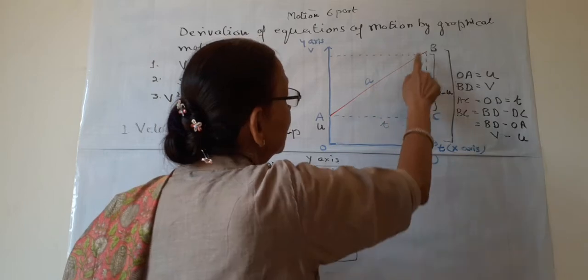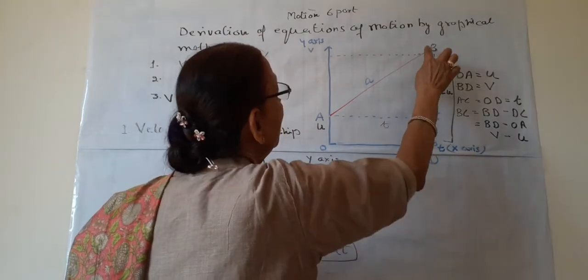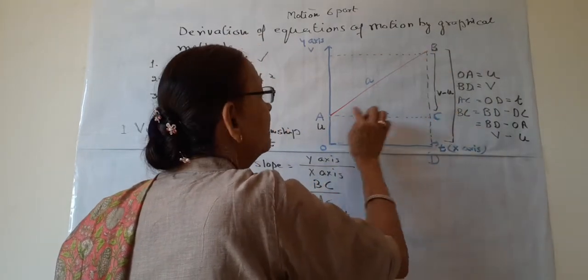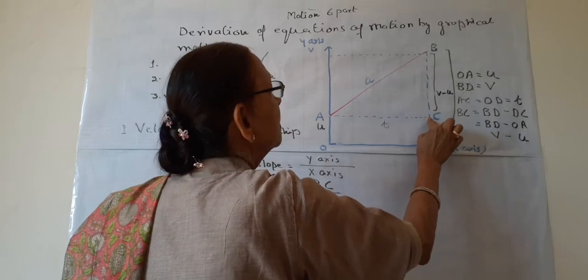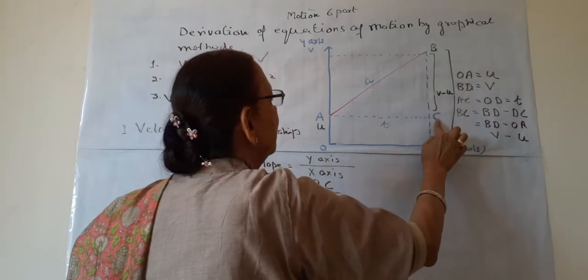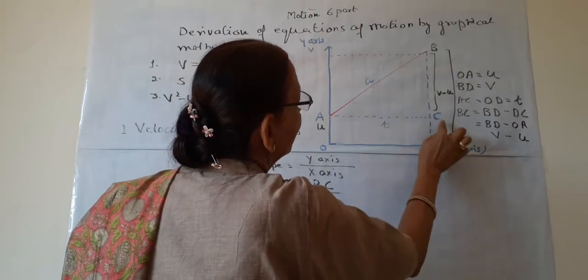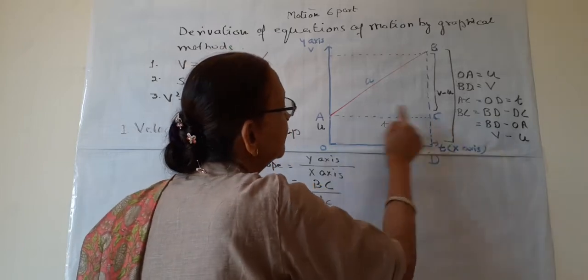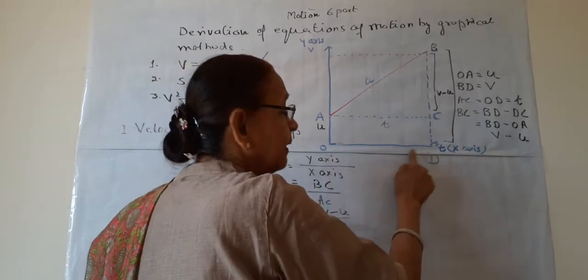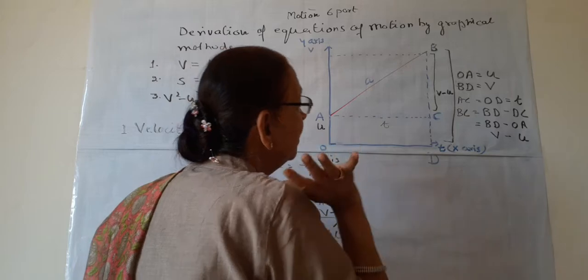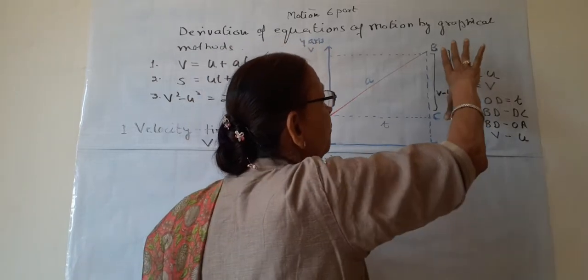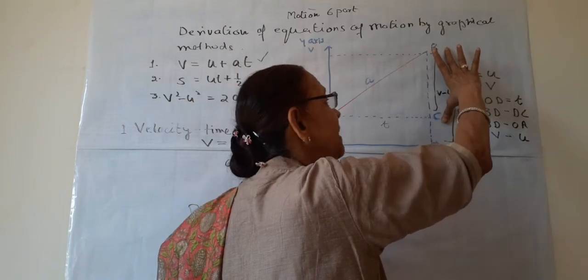But as the slope of the graph should be y upon x, the y for this graph is BC and x for this graph is AC. This AC is equal to OD, that is time. Is it clear?